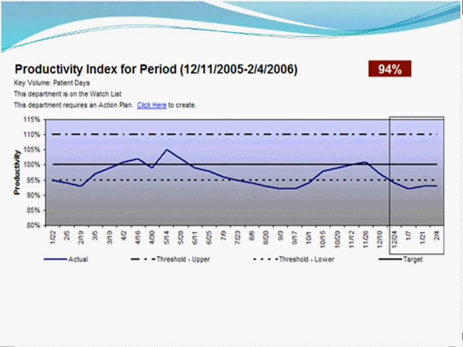And you can see, if you read this fine print under the title, Productivity Index, that the department that this is representing is what they call on the watch list. In other words, they're not meeting their productivity target consistently. Now that target is the solid black line in the horizontal blue table that you see, or control chart. And the blue up and down line is their performance over time.